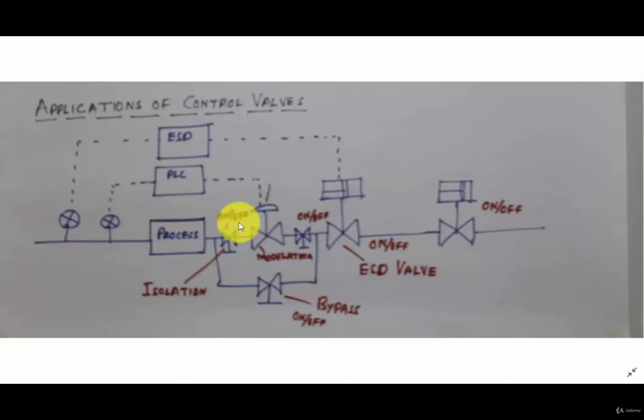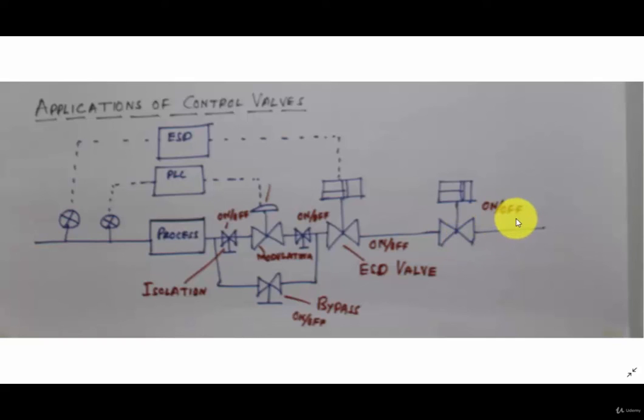Then there is the battery limit valve, which is also on-off type. In a plant, when a fluid or raw material enters, there is a battery limit valve. When a final product is going out of the plant, there is another battery limit valve. This is for isolation purposes, on-off.